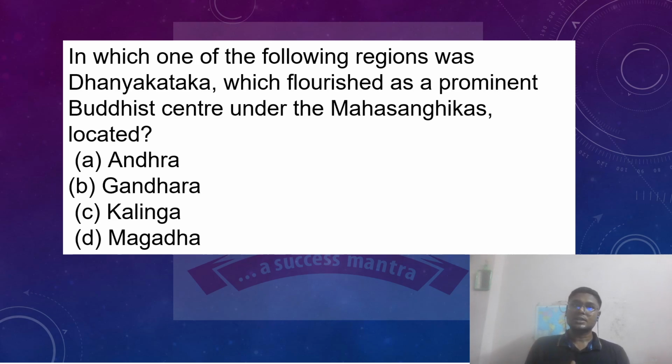And I thought they will ask from the third lesson of the art and culture book, but they jumped into the Themes of India book. In the Themes of India book, it is in the first lesson itself. This map was given. The answer for this question is Andhra region. So guys, please focus on your basic books. UPSC will never go beyond the basic things.